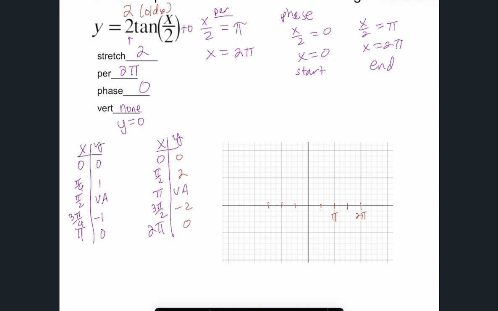So I'm going to chop up my x-axis the way that you see here, counting by half of a pi's, and then I'm going to make that 2 and that negative 2.